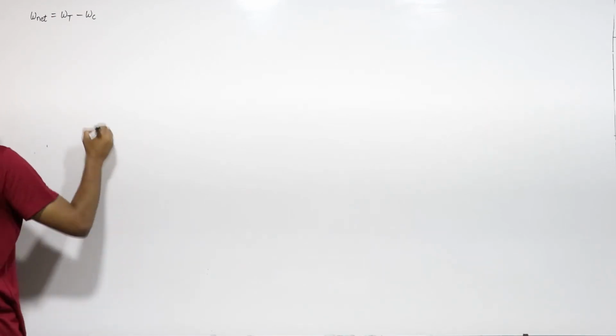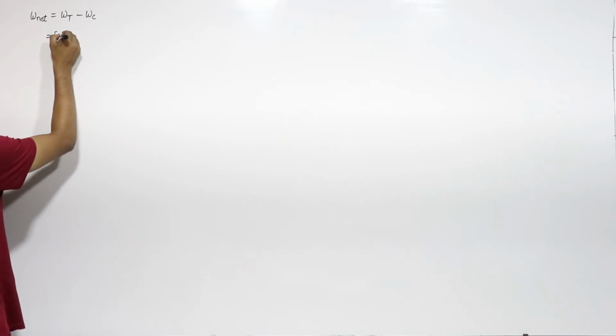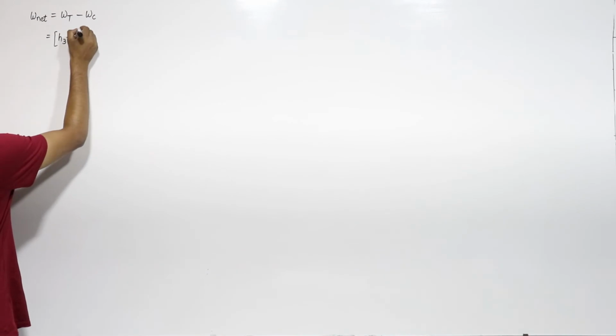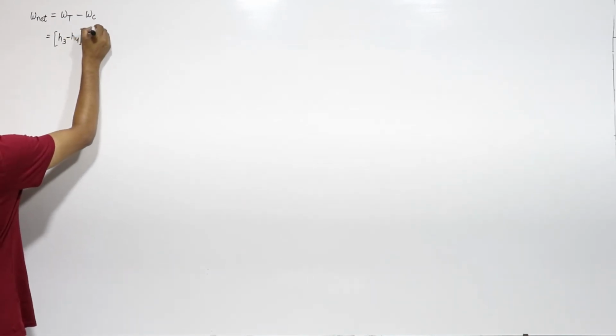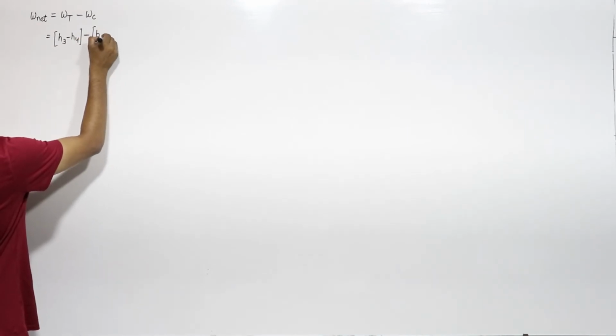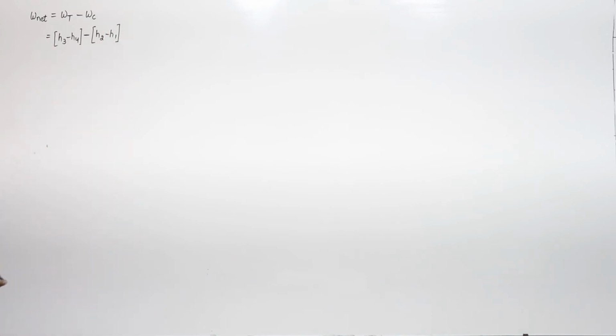This is the net work done, and this will be equal to the work produced by the turbine, H3 minus H4, minus the work required by the compressor, H2 minus H1, right?